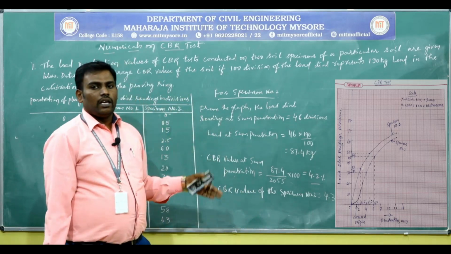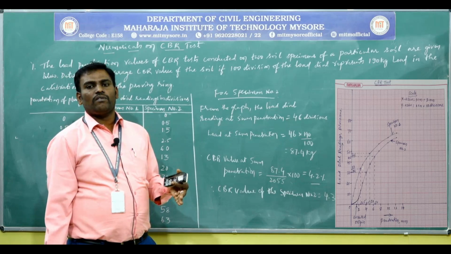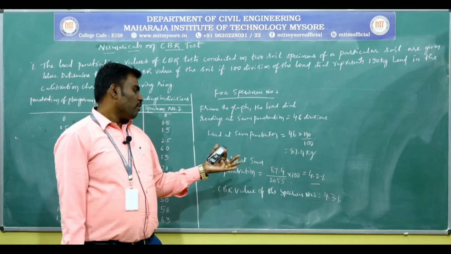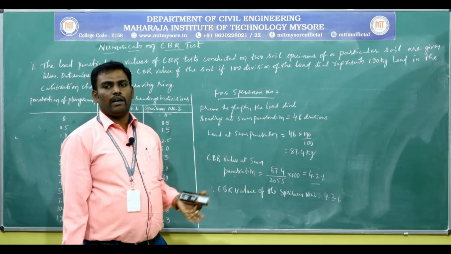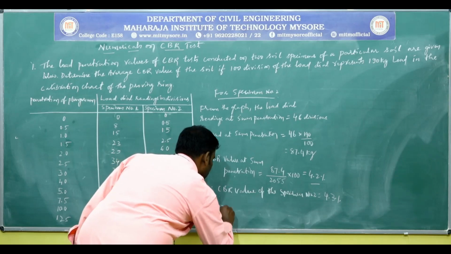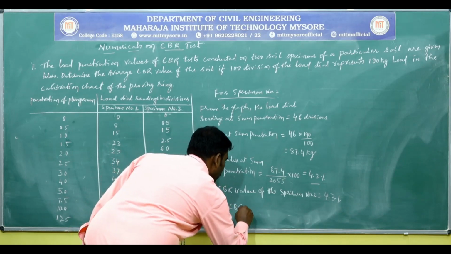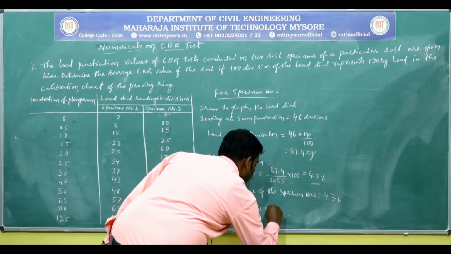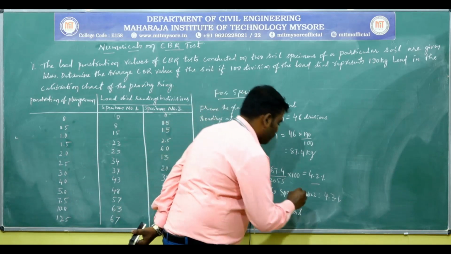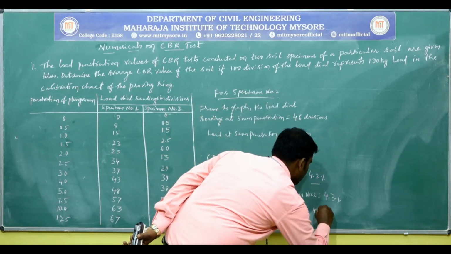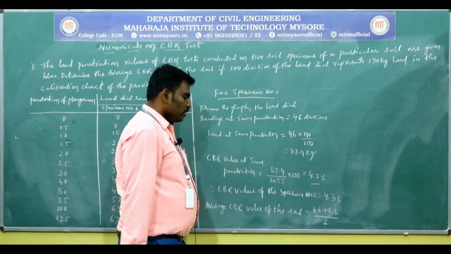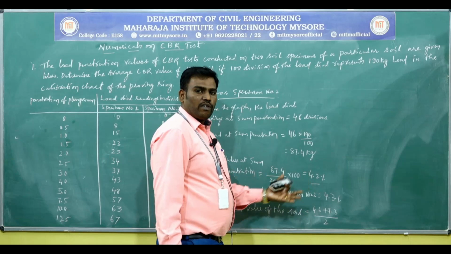If you want the average CBR value of the sample, then it is 4.6 plus 4.3 divided by 2. Average CBR value of the soil is equal to 4.6 plus 4.3 divided by 2. You may get about 4.45%.